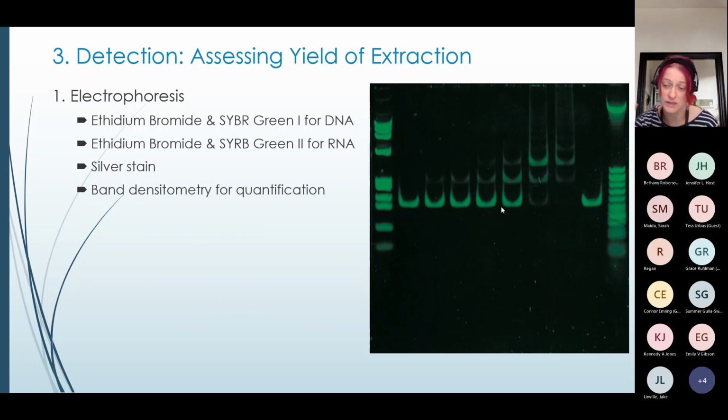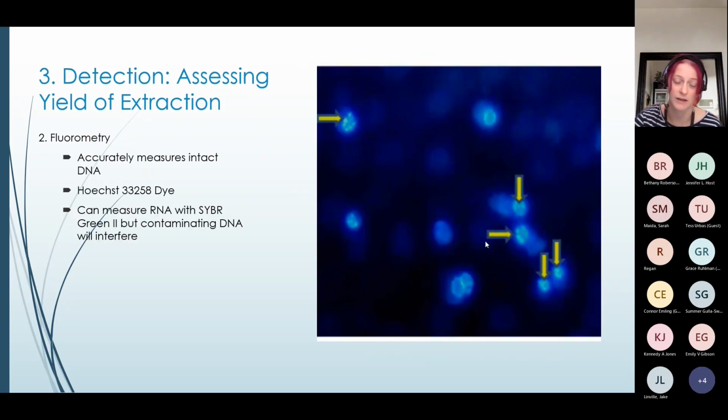Obviously, the more dense a band is, the higher the concentration of DNA or RNA in that band. The lighter the band, right? This is a very, very light band right here. Obviously it has less DNA in that band. So you can determine and quantify how much DNA you have based on the density.